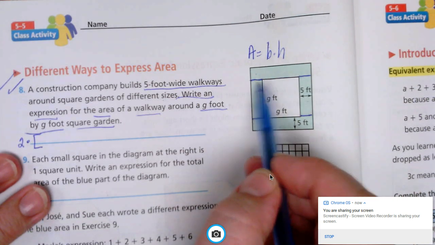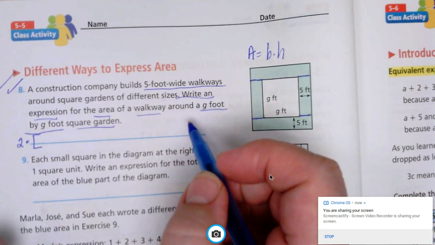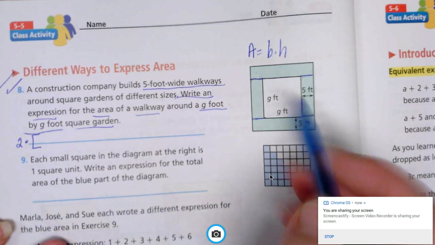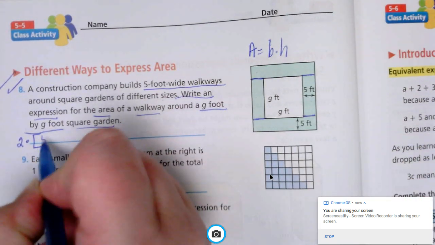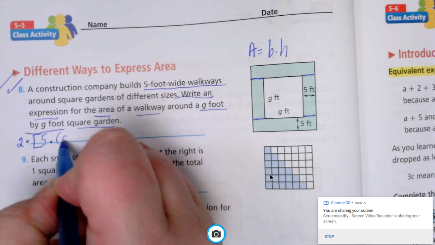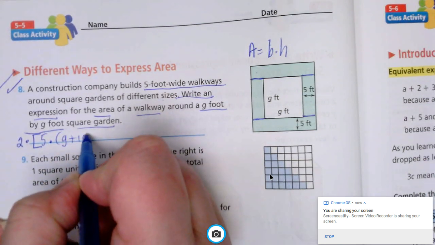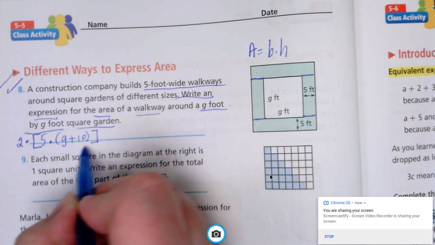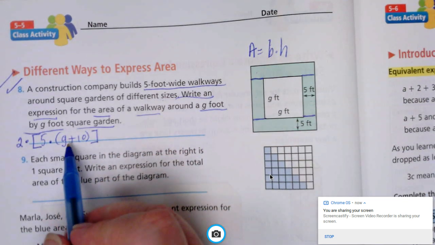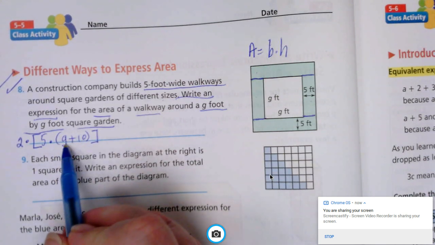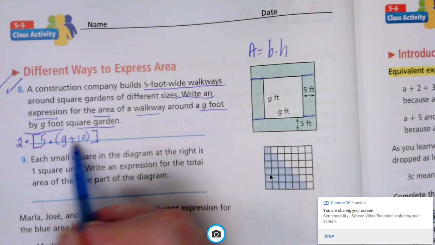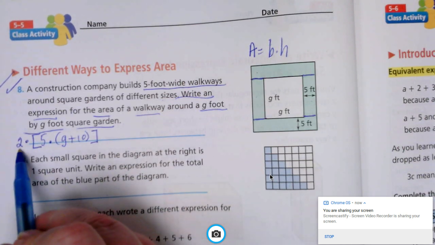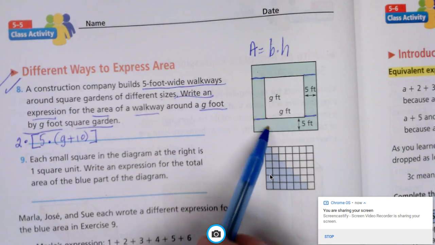So that makes it G plus 10 times 5. So I could say 5 times G plus 10. Here's a bracket. That says we're done with this whole part. So we'd solve G plus 10. We don't know what G is, but we're just showing it as an expression. Multiply that by 5, and then that result gets multiplied by 2 because there were two sides.